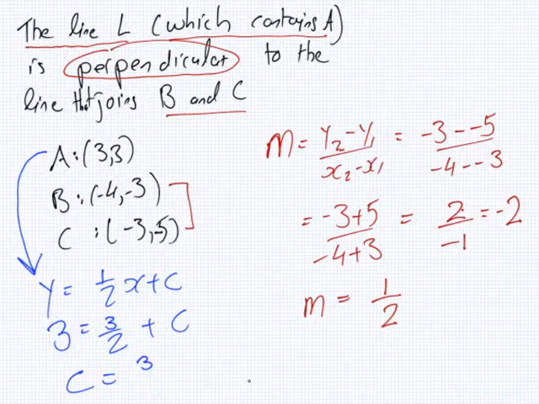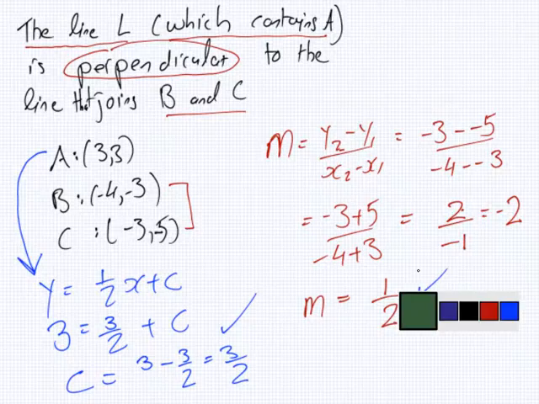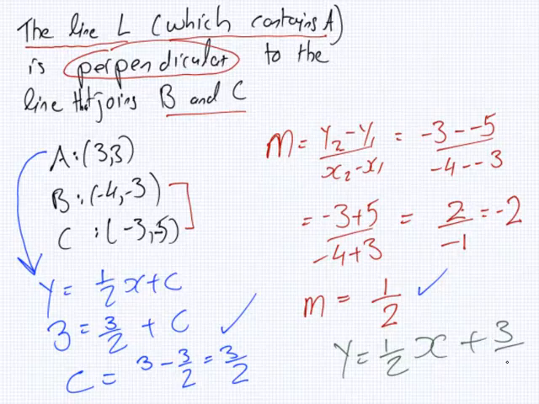So I got my C, got my M, I'm finished. Y equals a half x plus 3 over 2. You're okay, April? Are you sure? Okay.